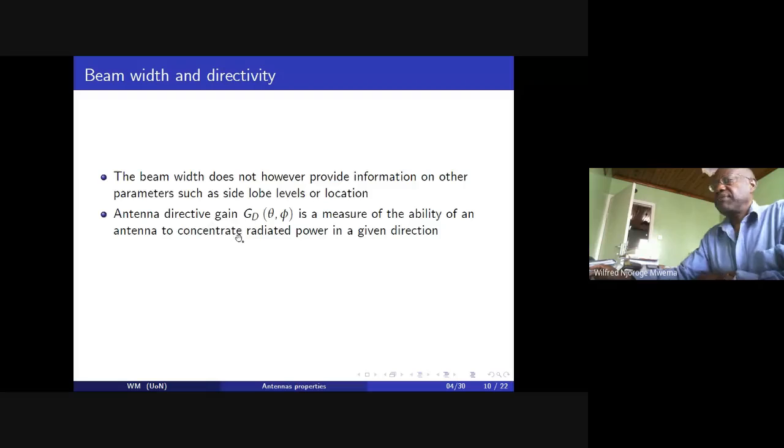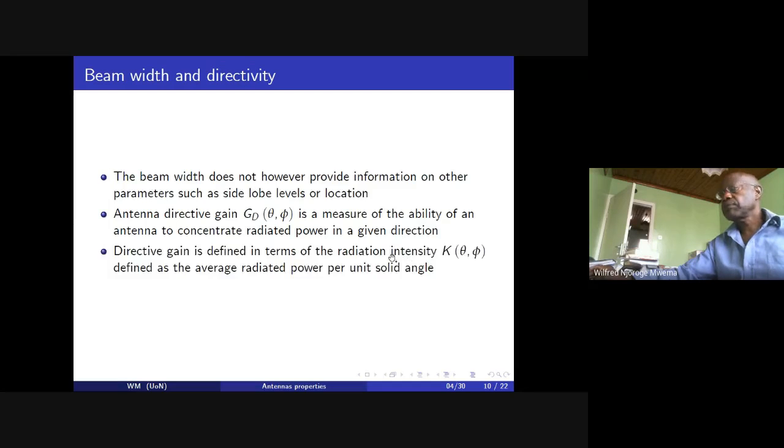So antenna directivity, or directive gain, is usually given the symbol G_D(theta, phi). It's a function of the elevation angle and the azimuthal angle, and it's a measure of the ability of an antenna to concentrate radiated power in the given direction. So directive gain is defined in terms of the radiation intensity K(theta, phi), which we already looked at the last time, and defined as the average radiated power per unit solid angle.